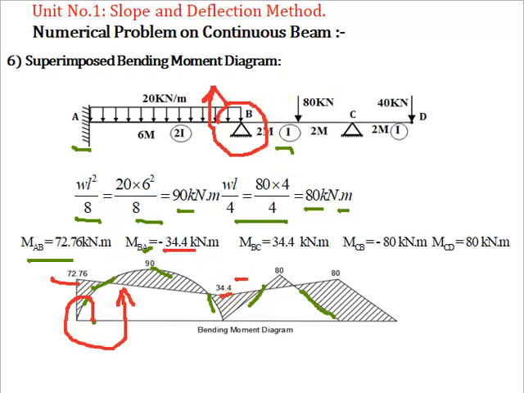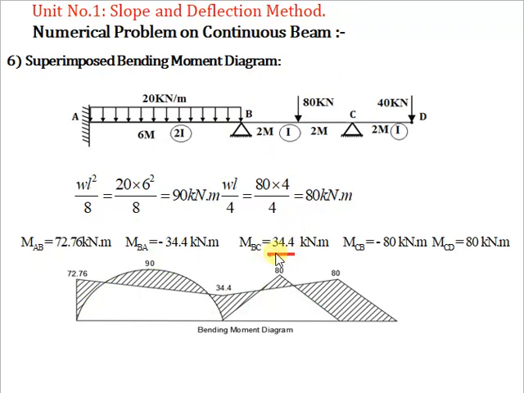And for this BC it is positive, that means keep your pen close over the BC, it is the moment of BC for the end close to B, and it is positive, that means you have to rotate in an anticlockwise sense. Again the arrow comes up, that means our moment should be up, it is 34.4, and this one is a cantilever portion, so this 80 kilonewton meter moment is there and it is upward, so it is 80.